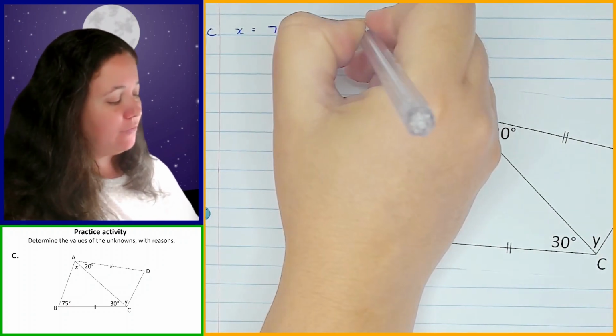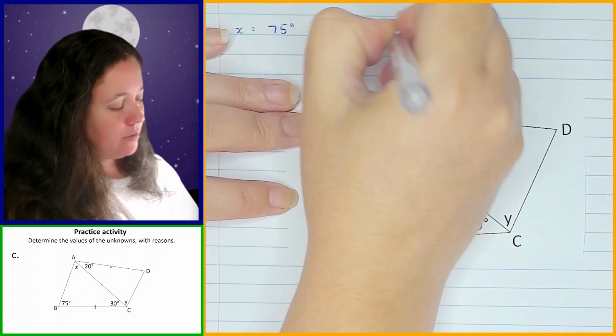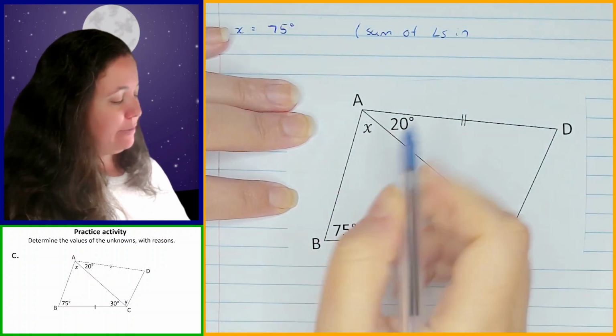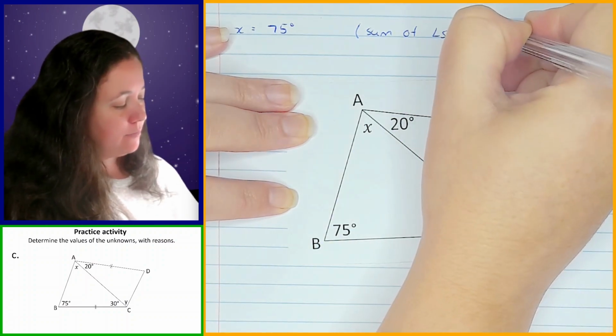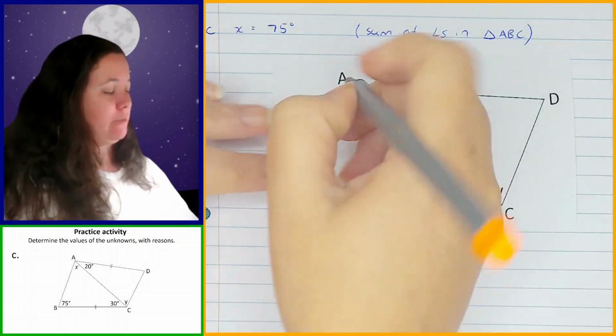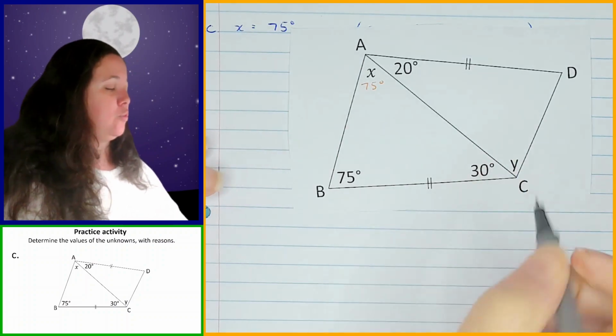Okay, and my reason for knowing that is because of the sum of the angles in triangle ABC. Okay, so now I can put that on my diagram over here. Now I need to go and work out what y is.